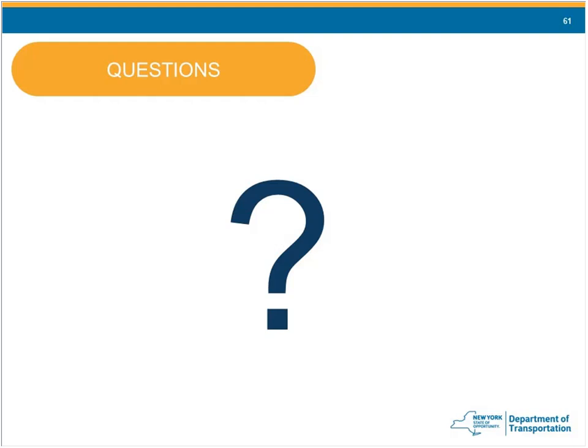Which also segues into another question, or clarification, I should say. Thank you, Debbie. There is a difference between $0 change orders in the traditional sense on a design bid build and a $0 change order, which is a common occurrence on a design build. So again, if you're on design build work, please know that every time we said $0 today, we were not talking about your $0 change orders.